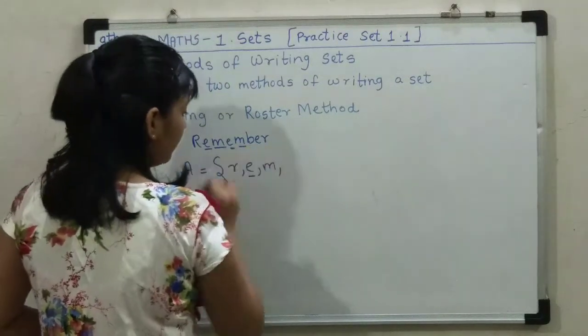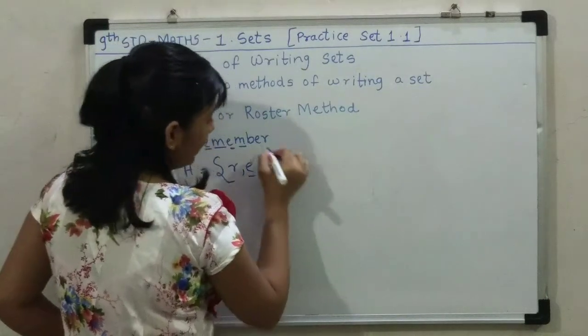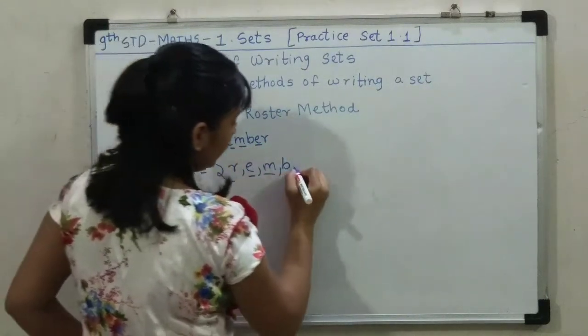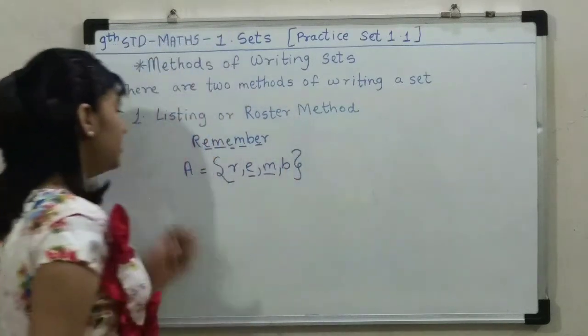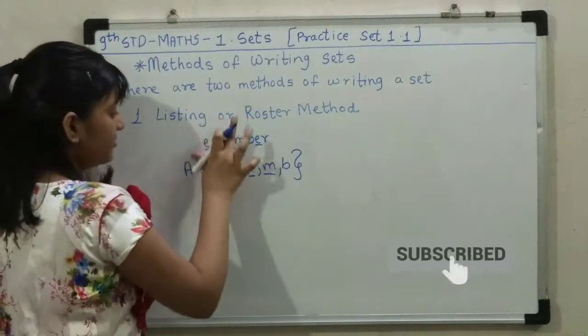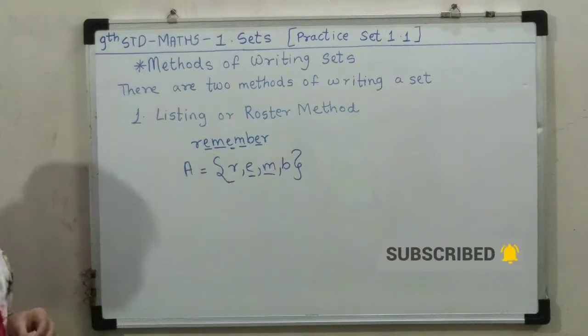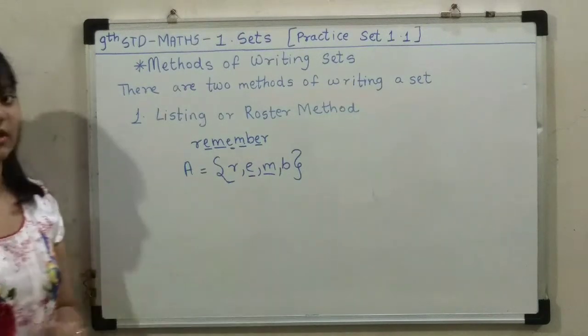M is also repeating, but we are not going to write M again. B we will write. E is again repeating, so we will not write E, and R is also repeating. So this is the listing method. By the listing method we have written the word remember. This is how we write the listing method or roster method.